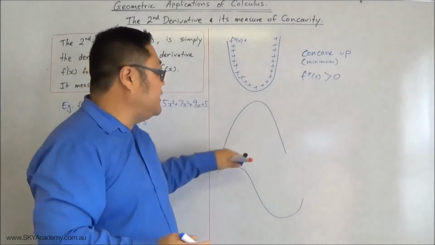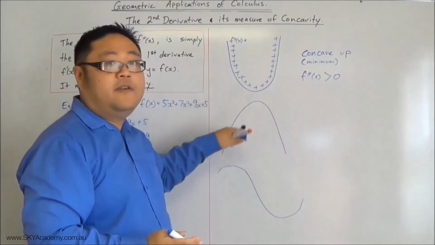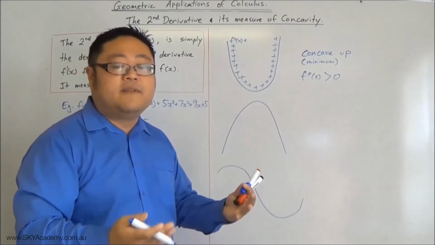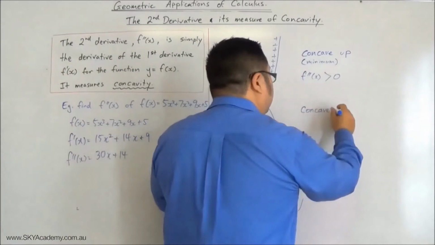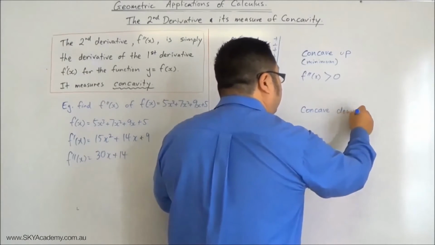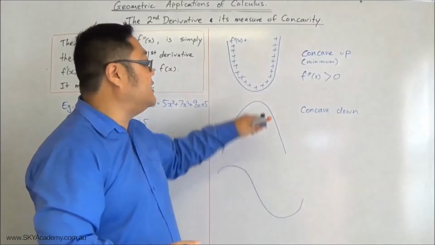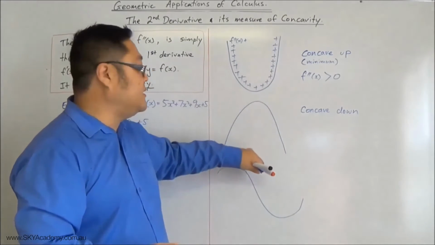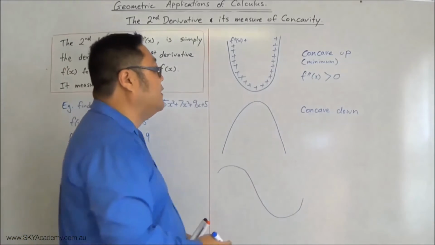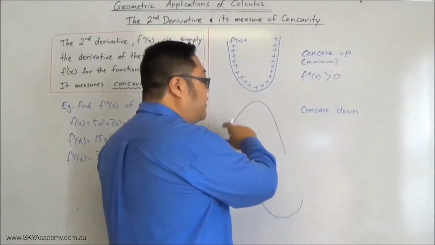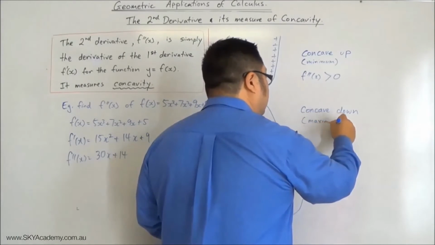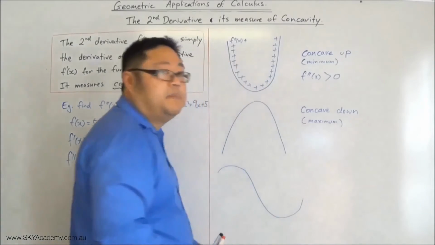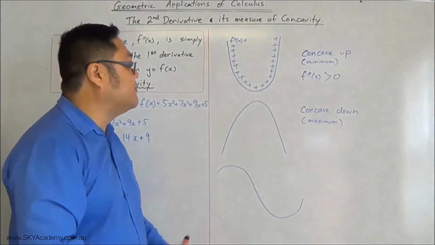Does that make sense? This particular curve is not a smiley face anymore, it's a frowny face. It's become sad, and this is what we call concave down, which makes sense because if this is concave up, this is the opposite. It's usually found because there is a maximum involved, not always, but usually.